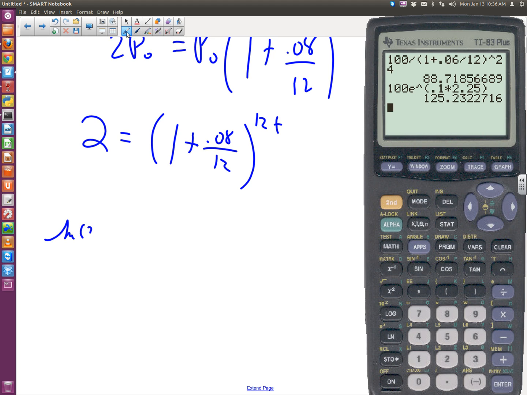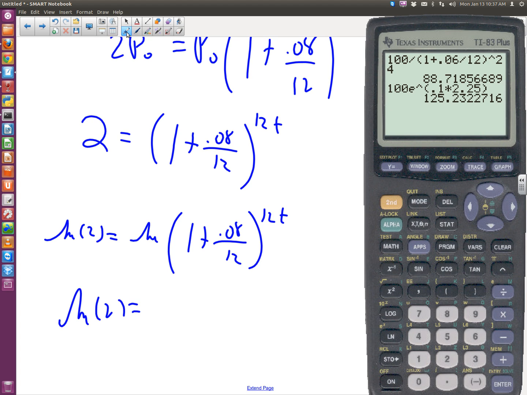The ln of 2 equals the ln of the stuff, right? But why did you do this? What do logs do to exponents? What's a log rule for powers? This is a power, take the exponent and put it in the front, right? Okay. So ln of 2 is 12t times the ln of 1 plus 0.08 over 12.